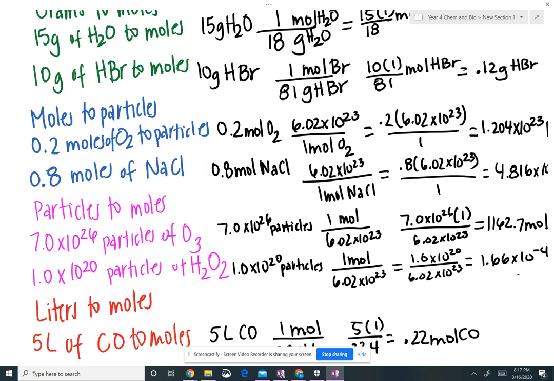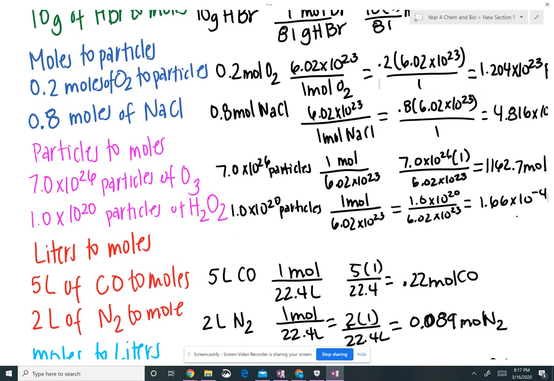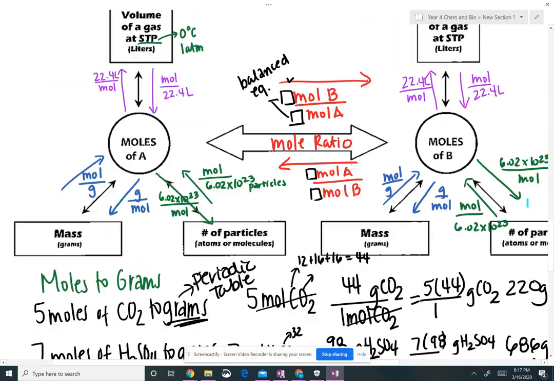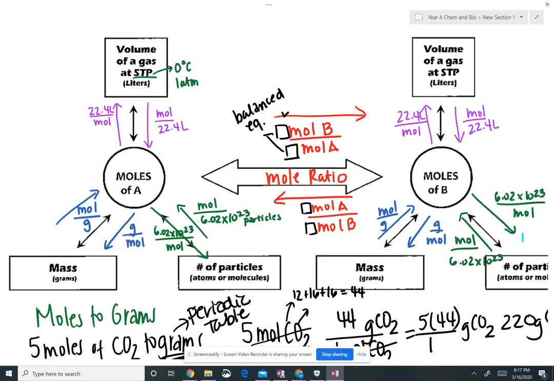So for example, for particles, you guys will see that I'm using Avogadro's number, the 6.02 times 10 to the 23rd, because that's how many particles there are, right? Depending on the problem, I would flip them, right? And again, if you're not sure, look at this chart here. Am I going from particles to moles or am I going from moles to particles, right?